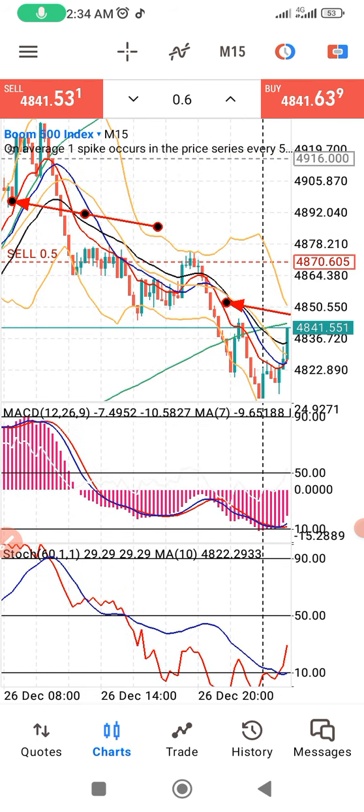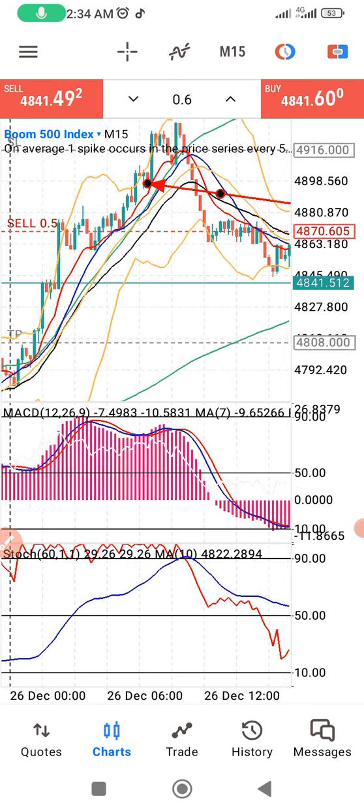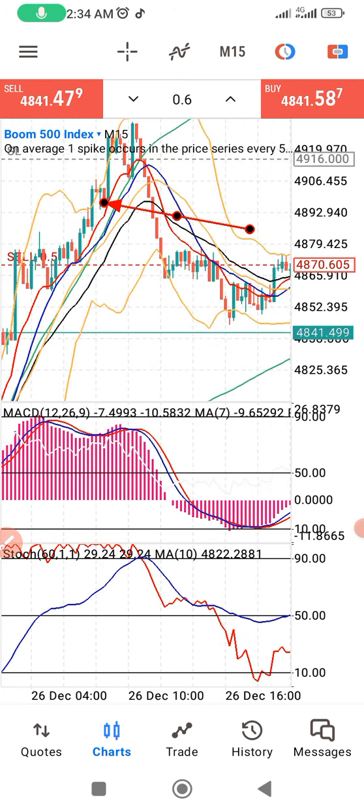Okay, so having established that, how do we take a reversal trade?